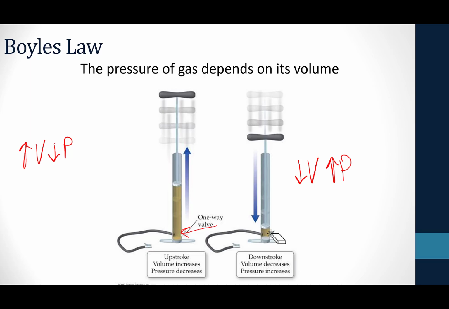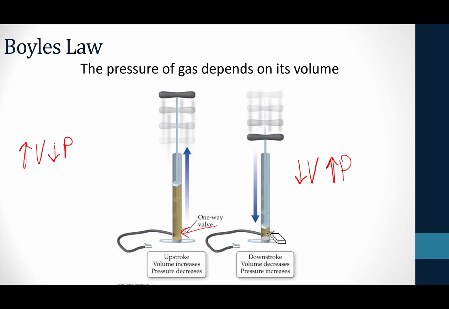Well, when we push down on the piston, the pressure inside the cylinder is now really, really high. Pressure outside the cylinder is low, and that gas is going to go rushing out of the cylinder into whatever it is we're trying to fill up. So into the basketball, into the tire, right? So pressure just got too much inside the cylinder, so it's going to go rushing out.